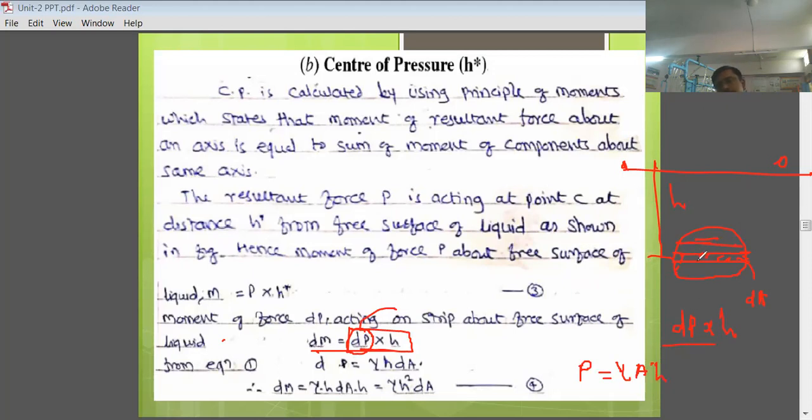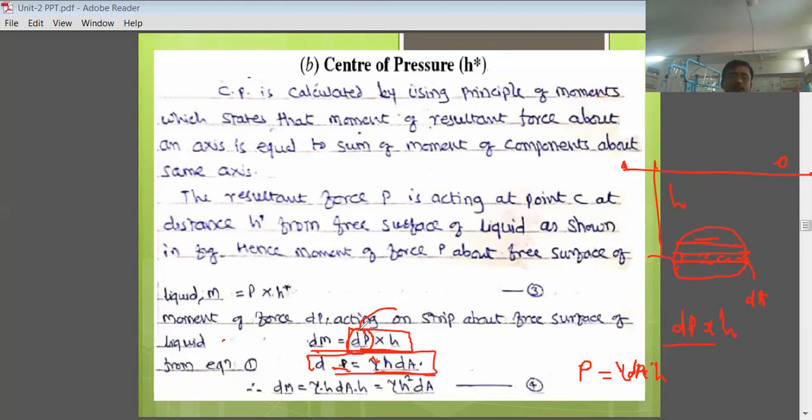Now here, as this strip is small, this P can be written as gamma A h bar. Instead of writing capital A, I should write dA because this is the small strip, and we are talking about the small dP here. So dP is equal to gamma h dA.